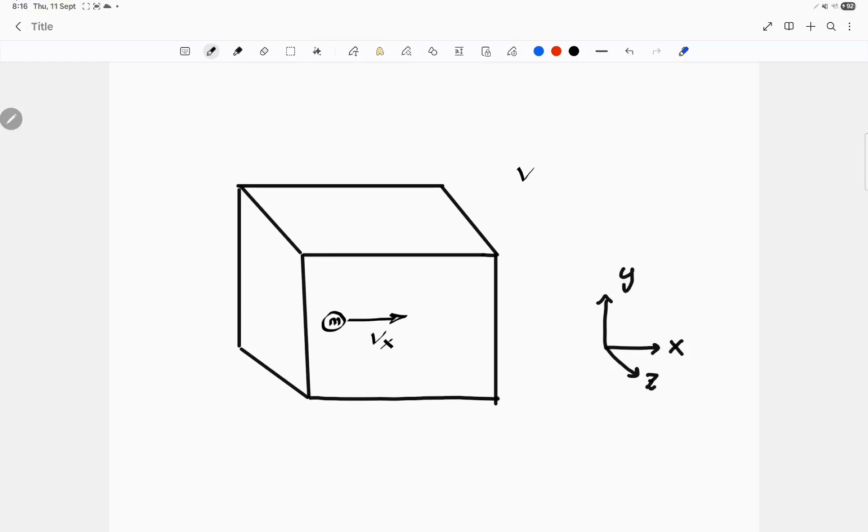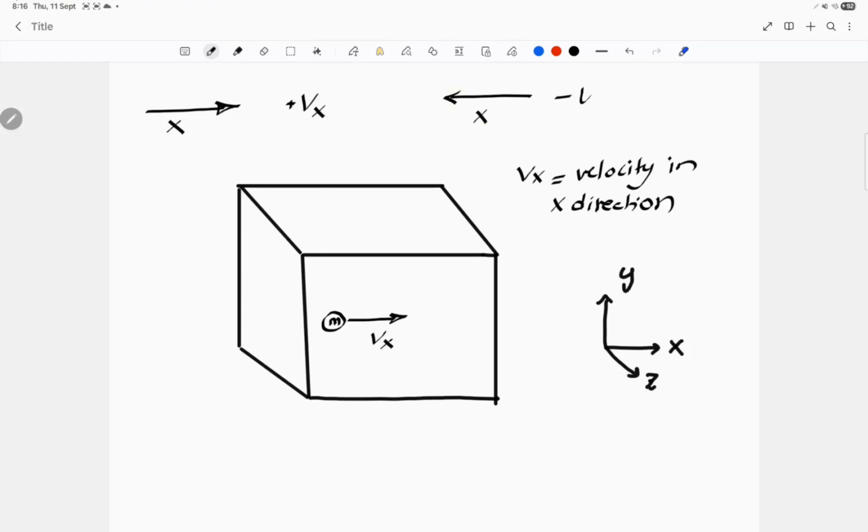Now let's define vx as the velocity in the x direction, and velocity is a vector. That means its sign depends on direction. If we're going in the positive x direction, the velocity is positive. But if we're going in the negative x direction, the velocity will be negative.